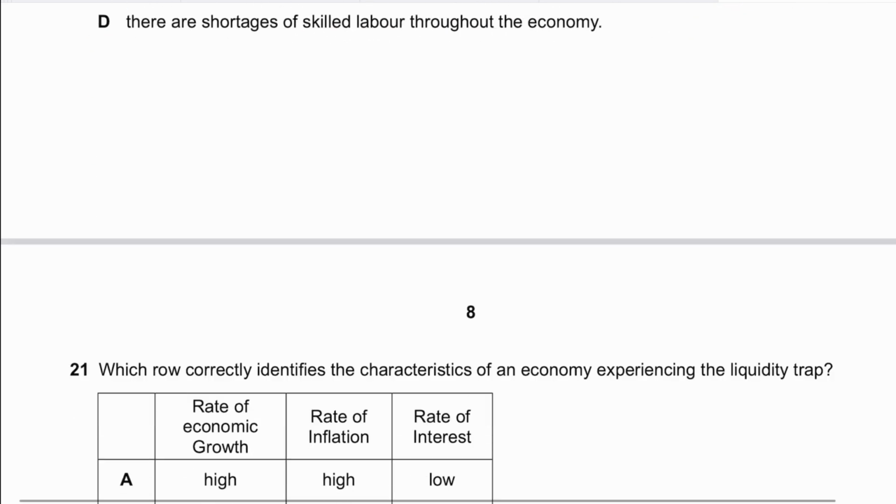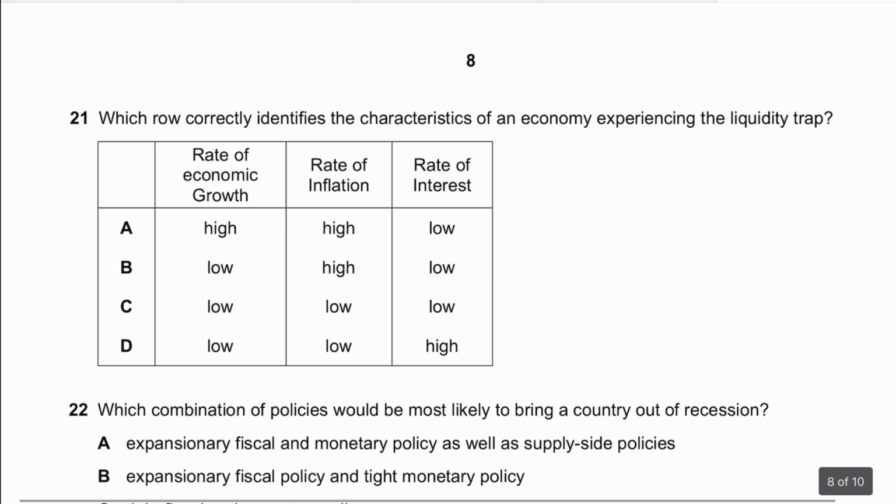Now question number 21 says, which row correctly identifies the characteristics of an economy that is experiencing a liquidity trap. Now a liquidity trap, guys, is basically a situation when your interest rates are very, very low, but still they fail to stimulate aggregate demand in the economy, and your saving rates are very high, and your traditional monetary policy just becomes ineffective. People are basically preferring to hold cash rather than invest in bonds or other assets.